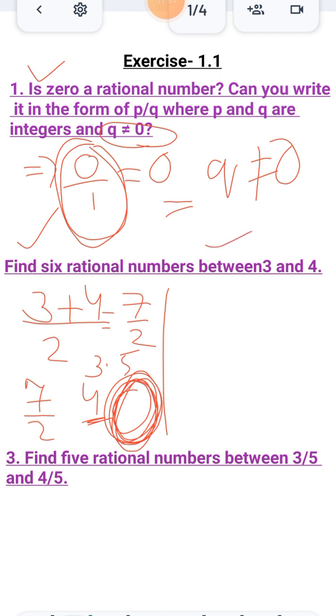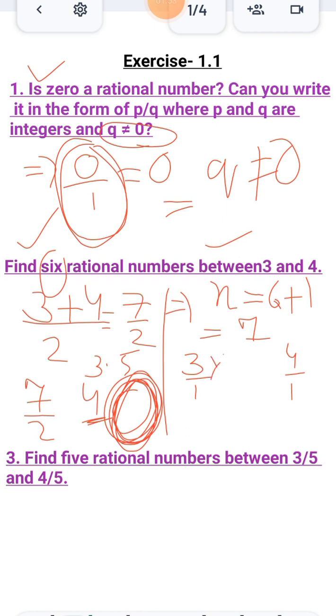Simply, you have to find six rational numbers, right? So n is equal to 6, and we take 6 plus 1, that is 7. Now we can write 3 as 3 by 1 and 4 as 4 by 1. Multiply numerator and denominator by the same number, 7, in both. So 3 into 7 by 1 into 7, and 4 into 7 by 1 into 7.